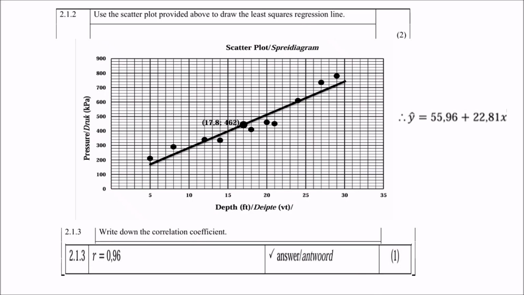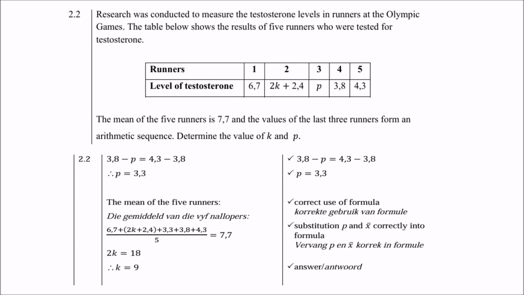2.2, research was conducted to measure the testosterone levels in runners at the Olympic Games. The table below shows the results of 5 runners who were tested for testosterone. Of course, people, testosterone is a male hormone. Look at the runners. There's runner 1, 2, 3, 4, 5, and the levels are given as for runner 1, 6.7, for runner 2 is 2K plus 2.4, for runner 3 is P, for runner 4 is 3.8, and for runner 5 is 4.3.